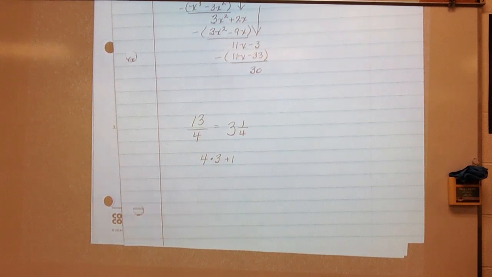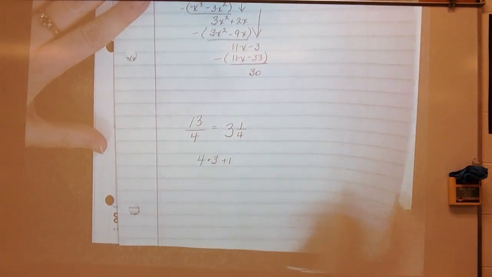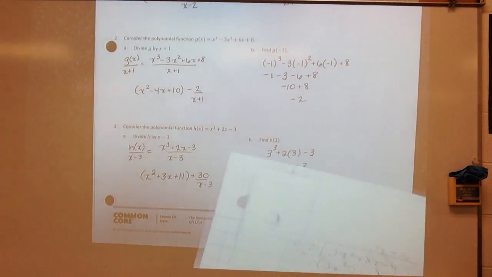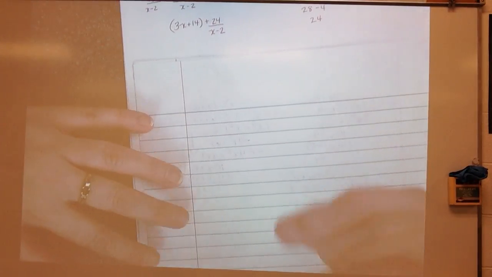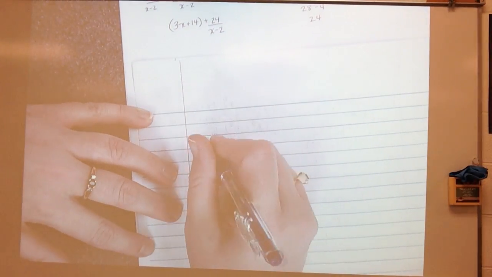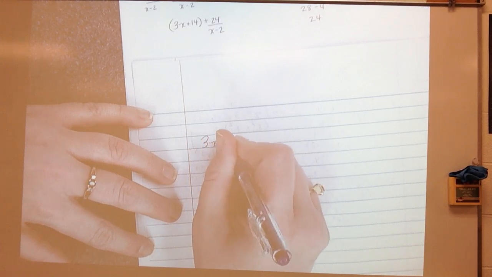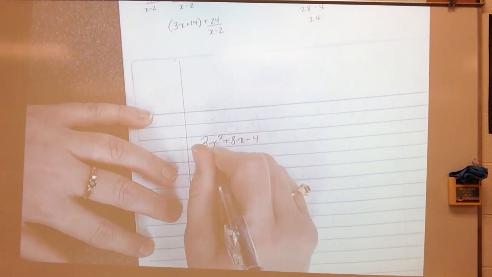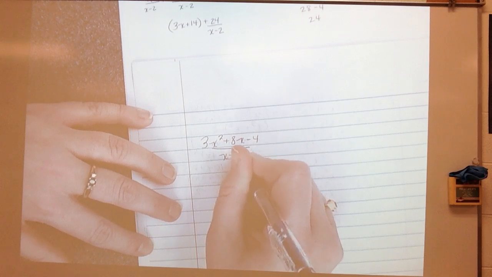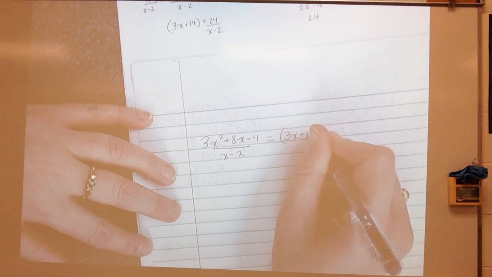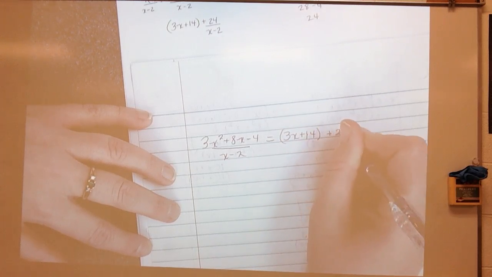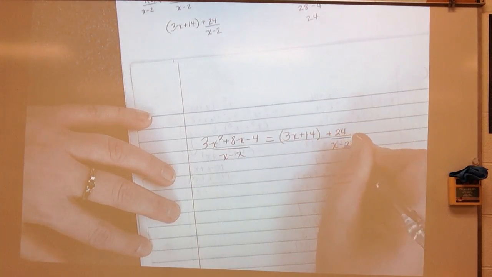So we can apply this to polynomials also. So going back to number 1, I had 3x squared plus 8x minus 4 divided by x minus 2 was equal to 3x plus 14 plus 24 over x minus 2.